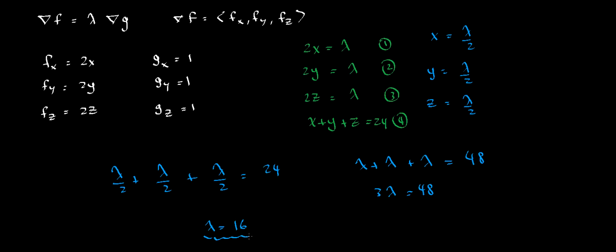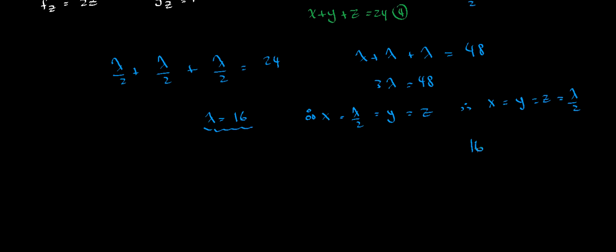Now that we know that lambda is equal to 16, we can figure out the values of x, y, and z. Therefore, x is equal to y is equal to z is equal to lambda over 2, which is 16 over 2, equals 8.